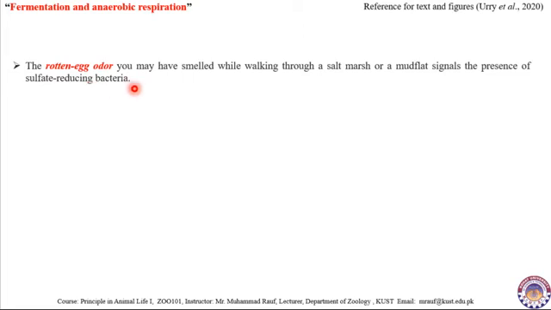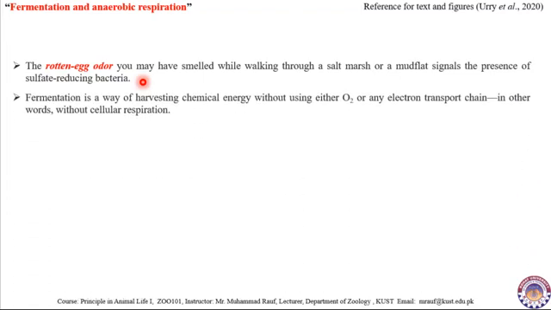Hydrogen sulfide actually smells like a rotten egg, and because in those organisms the final acceptor of electrons in the electron transport chain is sulfate instead of oxygen, the final product is hydrogen sulfide, and therefore the rotten egg odor is observed in those marshy areas.